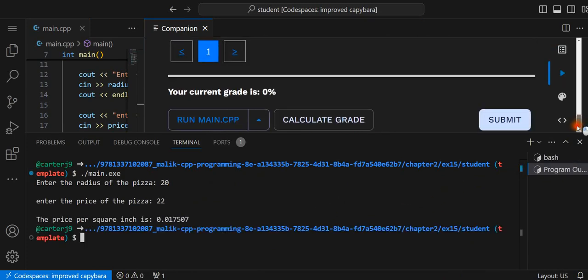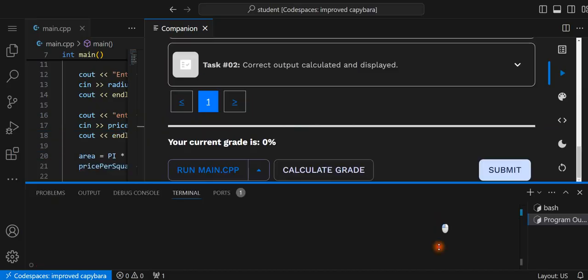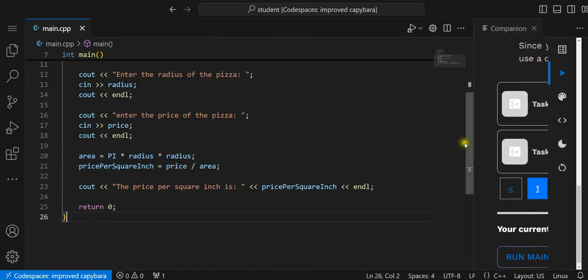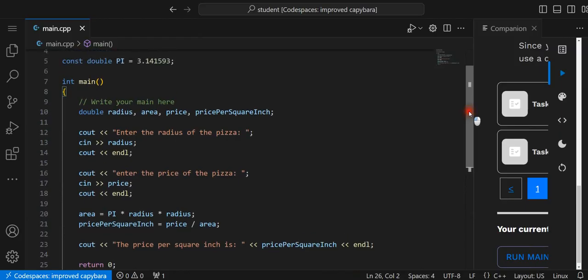Alright, so let's go ahead to our calculate. And when it does that, I'll show you the code again, in case you missed it, so you see the whole thing right there.